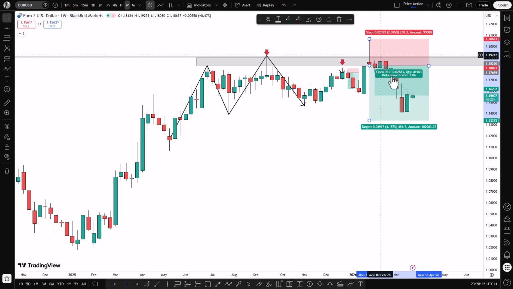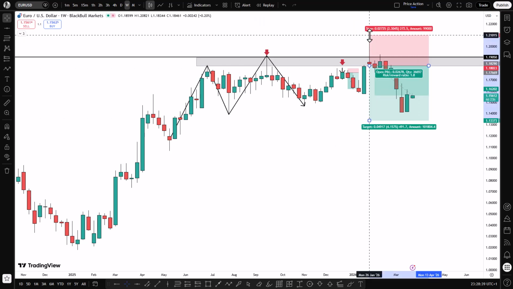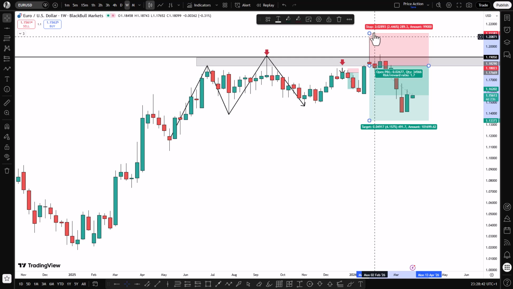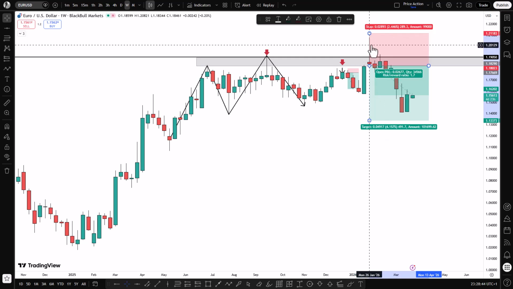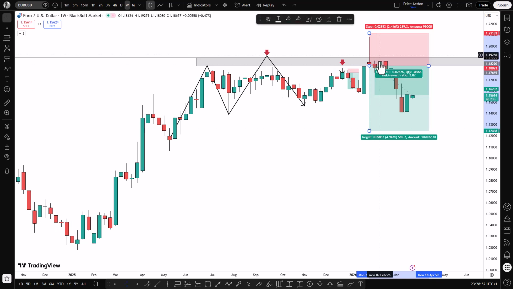Okay, so if you were to take this trade on the higher time frame, your stop loss, point of validity, stop loss, if you're using the conservative approach, would have been above this level, this candle, this pin bar. And if you're using proper risk management, you're keeping your risk consistent, and you're going for a 1:2 risk to reward ratio, just look at what would have happened.